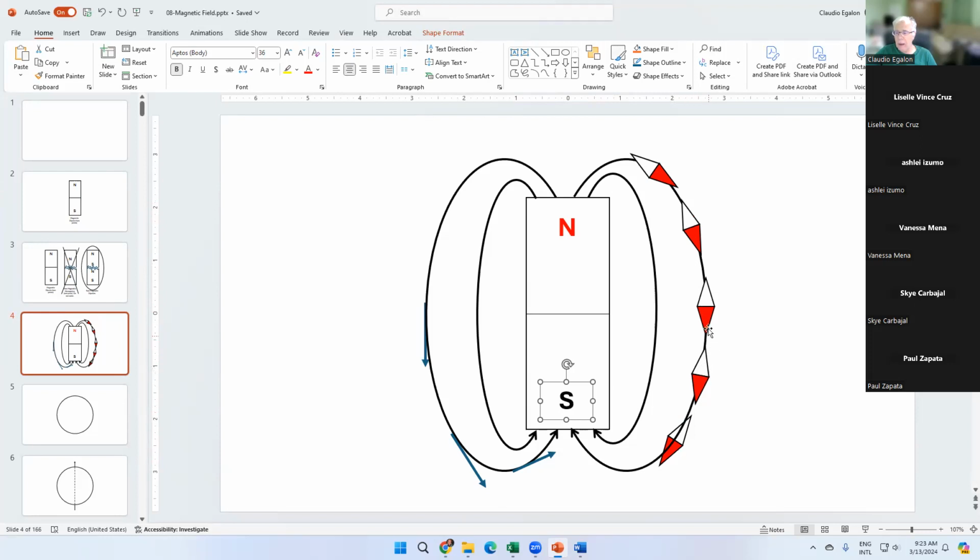So that's how we map the magnetic field lines with those magnetized needles. Here's the representation of the magnetic needle, and here's the vectorial representation of the magnetic field, tangent to the magnetic field lines. One magnetic field here, another here, another here.